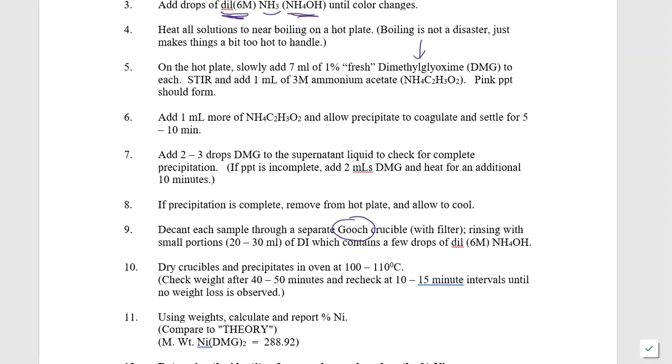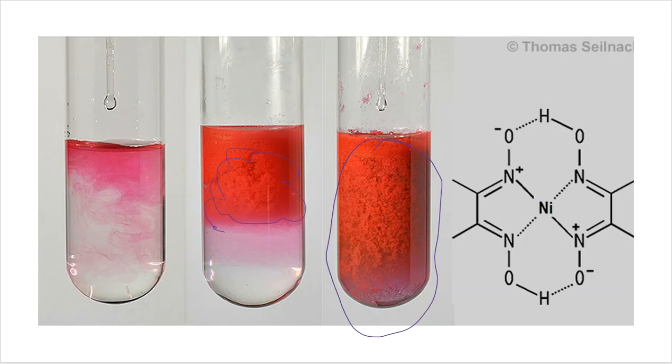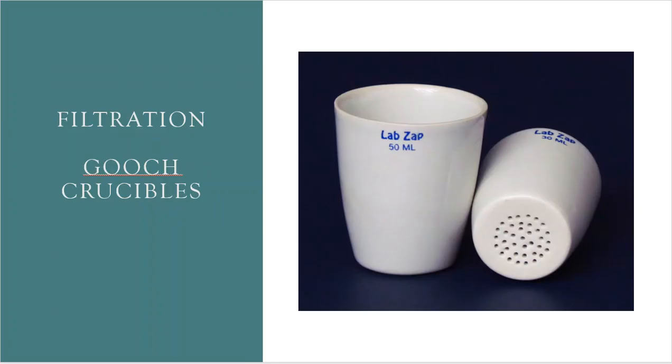A Gooch Crucible? What's a Gooch Crucible? Okay, never mind. I got you. So right here is what a Gooch Crucible looks like. It is a traditional type of crucible that we have in the lab that we used for heating things. And in the bottom, you'll see some holes. And the purpose of this is like a Buchner funnel.